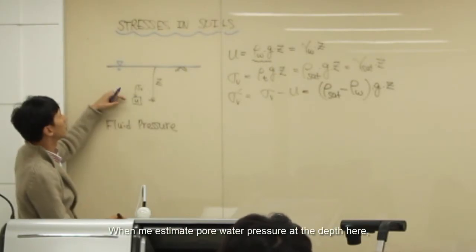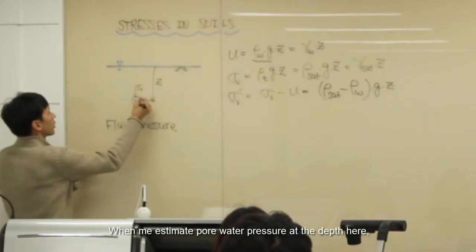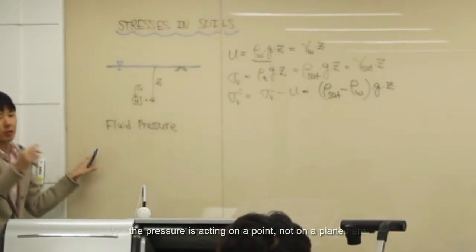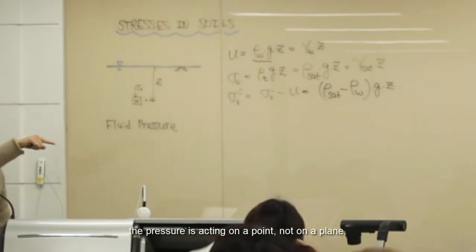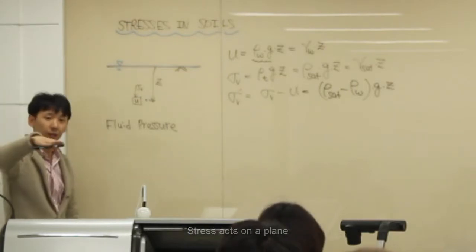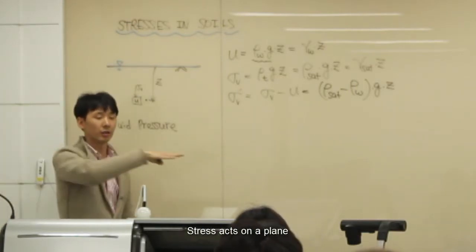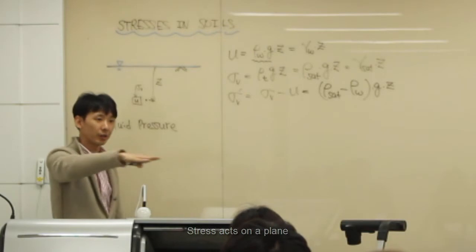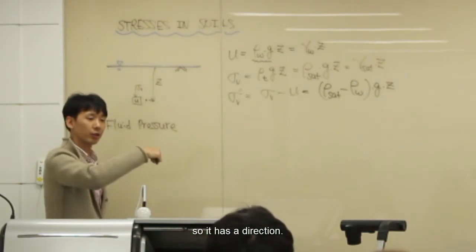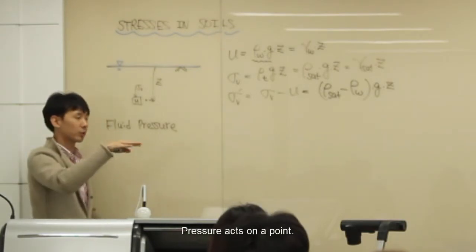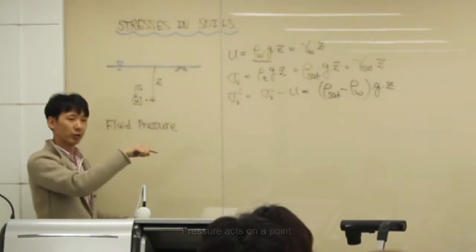When we want to estimate the pore pressure at depth, the pressure is acting on a point, right? Not on a plane. Stress acts on a plane, so it has a direction, but pressure acts on a point.